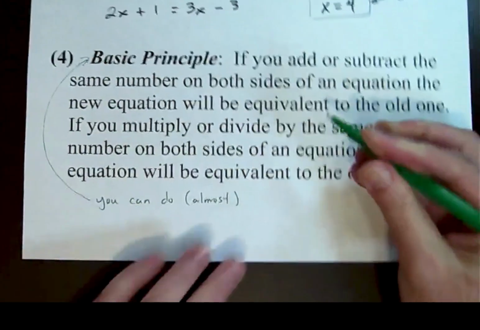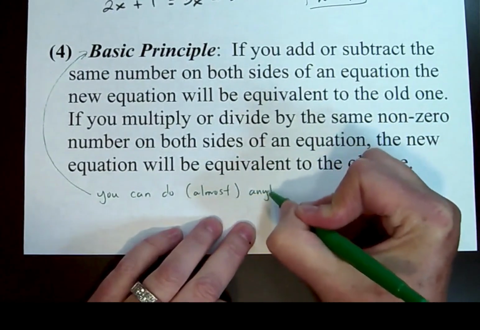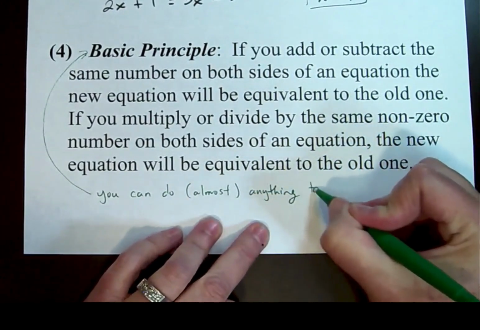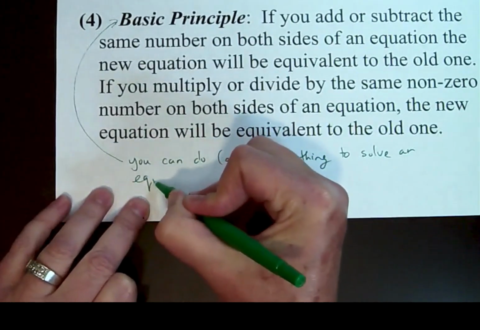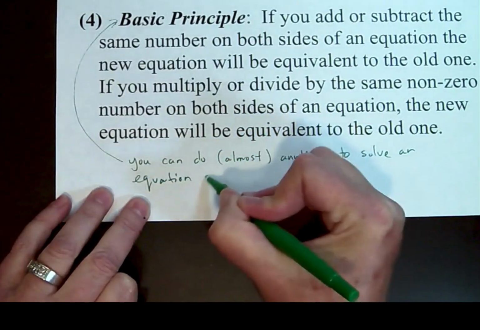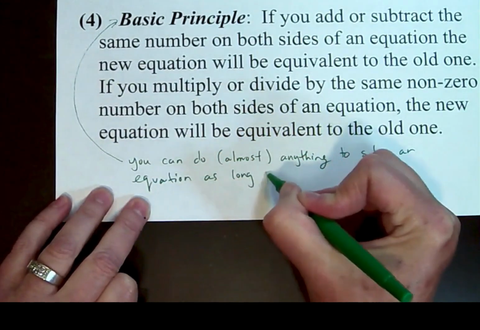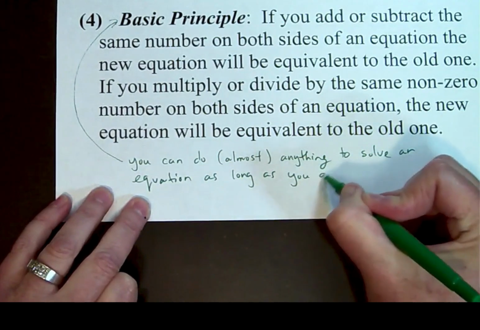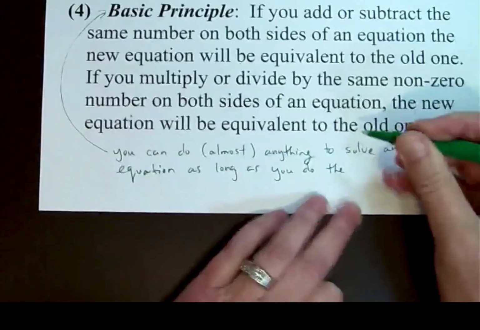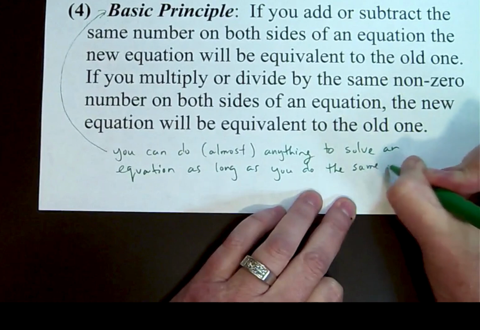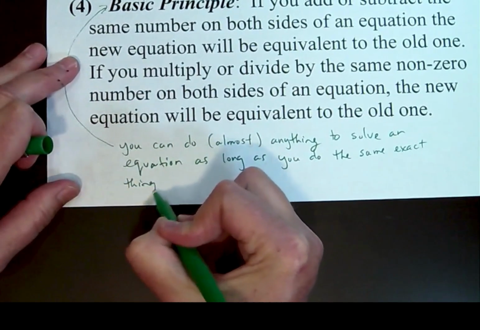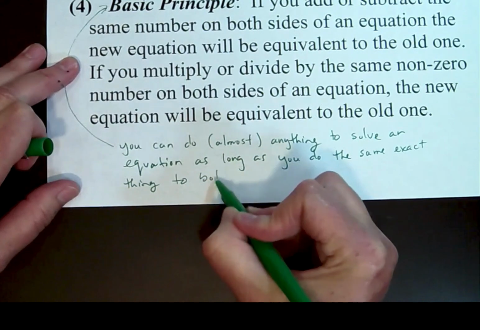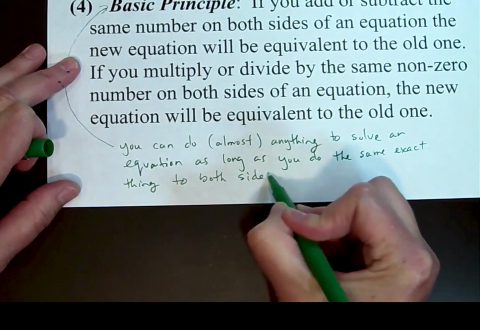You can do almost anything to solve an equation as long as you do the same exact thing to both sides of the equation.